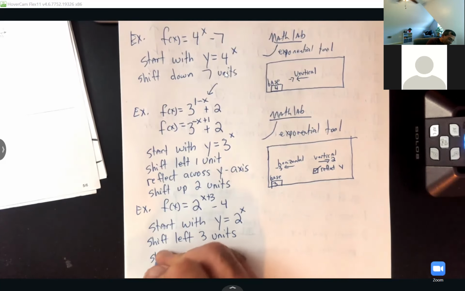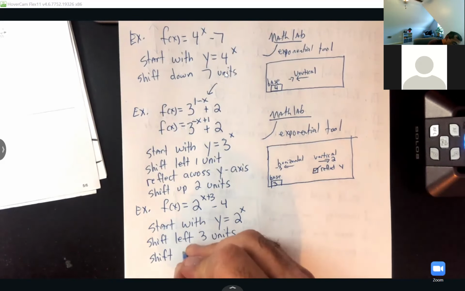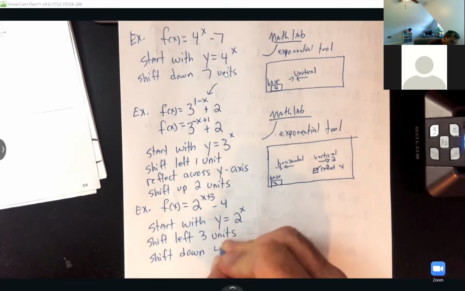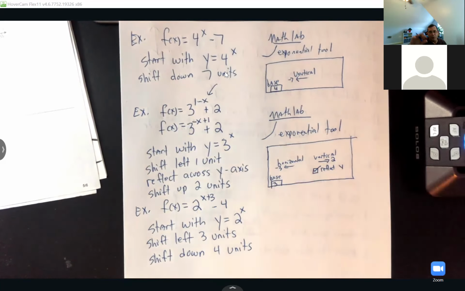So it's going to shift me what? Shift down. There you go. So it will shift me down 4 units. So on MathLab, choose the little exponential tool, and then you'll move your horizontal to -3, your vertical to -4. Okay.